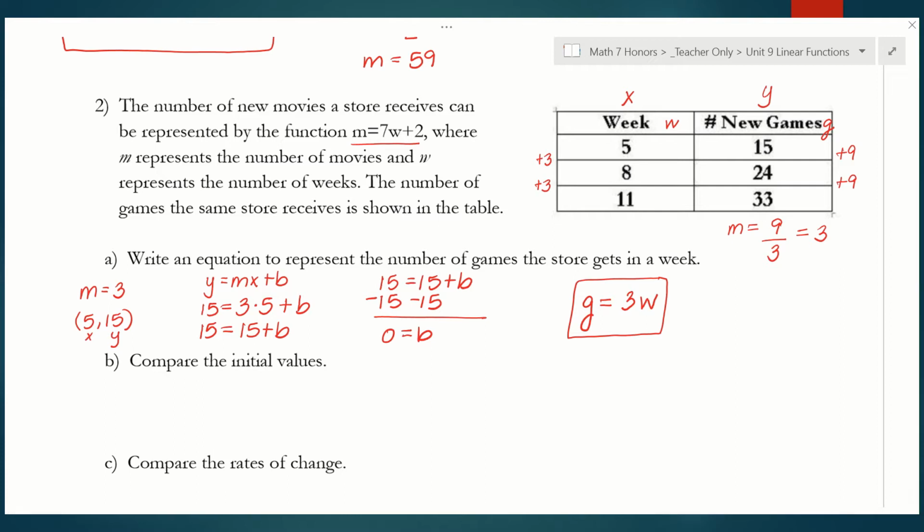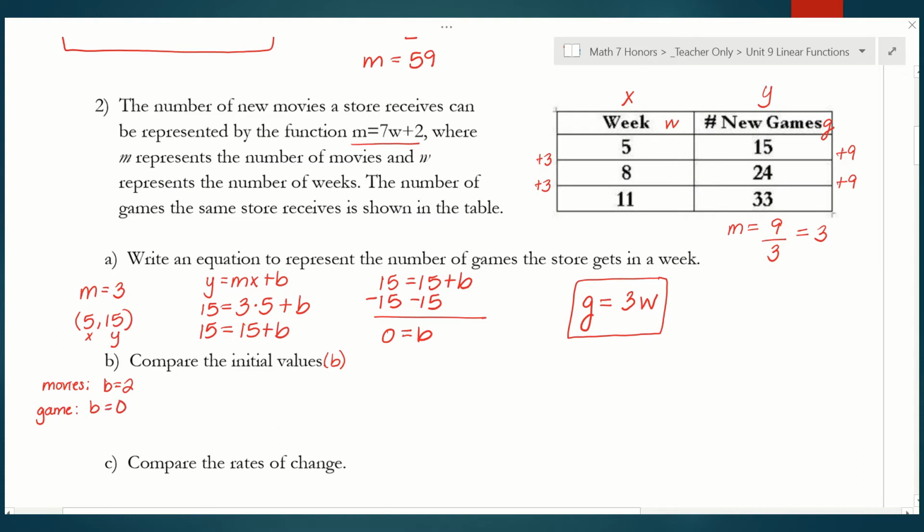Okay, so part B says compare the initial values. So remember, initial value is the same as the y-intercept, the b. So for the number of movies, we have the b is 2. Let's put here movies. And for games, our b was 0.